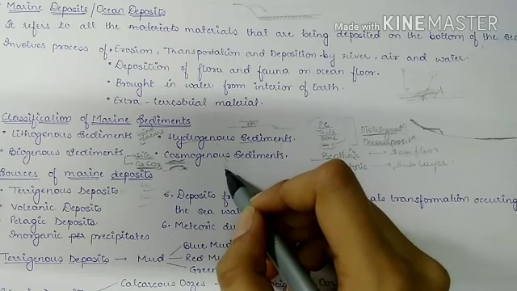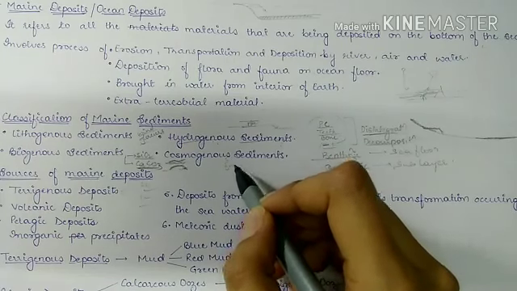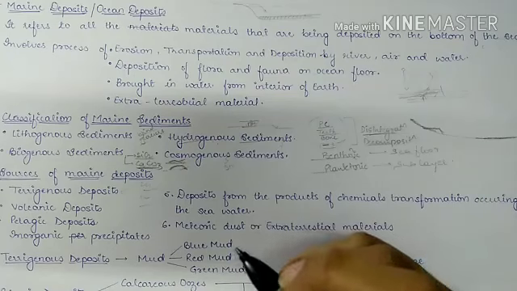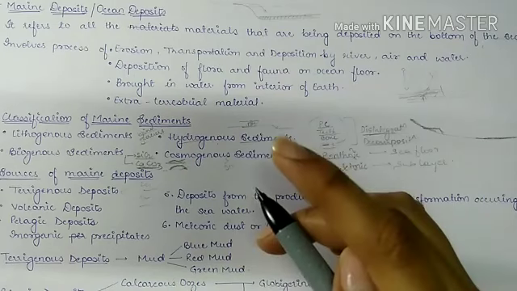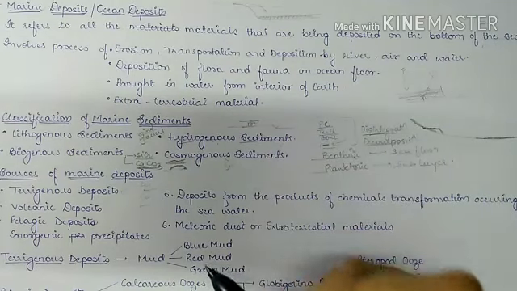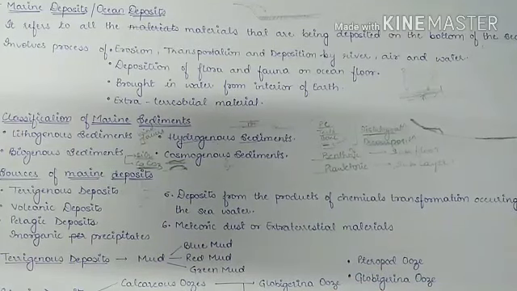Then we have silty sand, which contains 50 to 80% coarser material. Then we have sandy silt, which contains 50% coarser material than 5 microns and 20% coarser material than 62 microns.